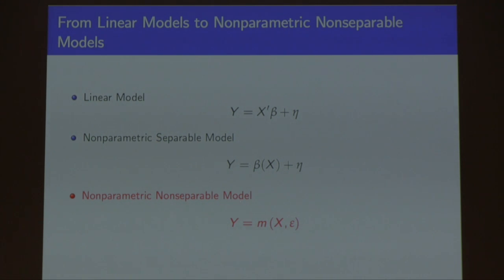The third model says, well, let's look at an individual that has this output y working 8 hours. The individual has this productivity epsilon, and now if we look at another individual that works 8 hours, let's assume that this function m is strictly increasing in productivity, epsilon is unobserved.